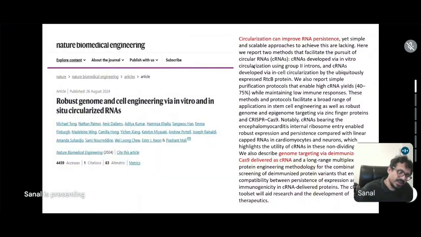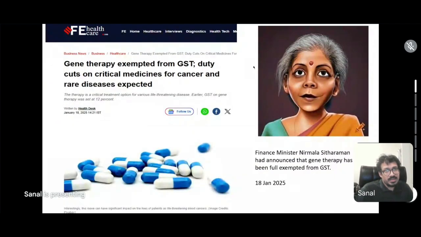But the problem with the RNA is that RNA degrades heavily because the body has an immunological response against RNA. So what they have done is that they have circularized the RNA. When RNA is circularized, many RNases cannot act on them. So this improves the gene delivery. Gene delivery or the delivery of genome editors themselves.